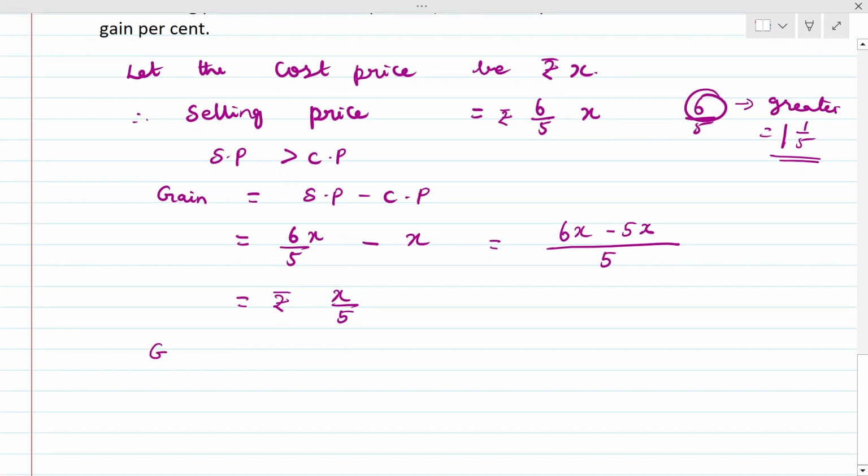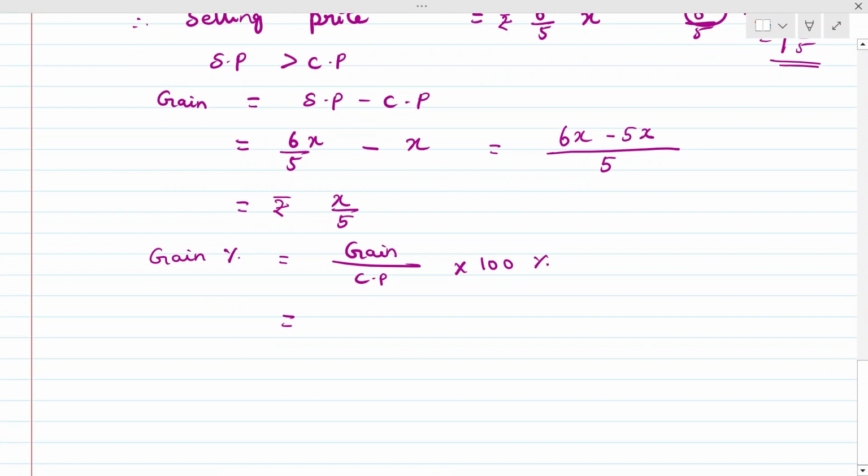Now we will find out gain percentage. What is the formula for gain percentage? Gain divided by CP into 100. This is the gain percentage. Now gain is x by 5. What is CP? Again it is x into 100. So this 5 will come down.